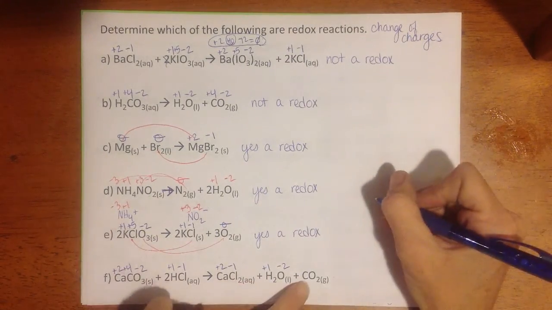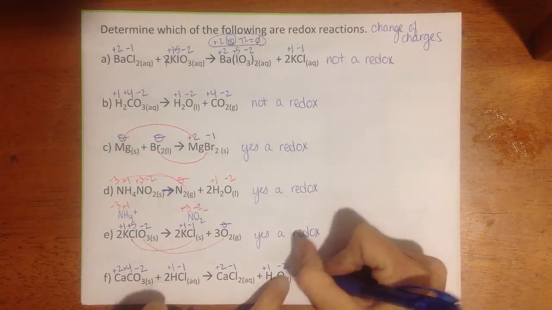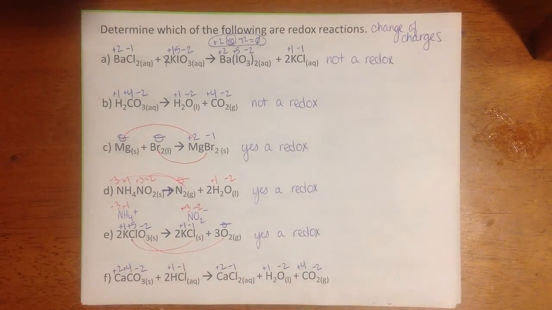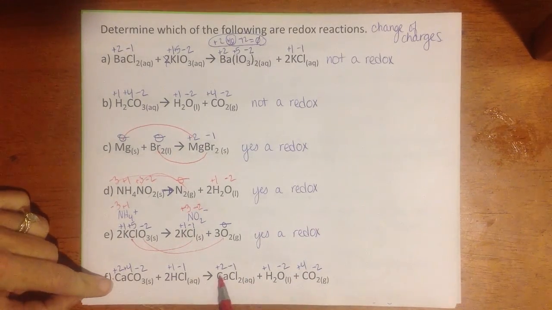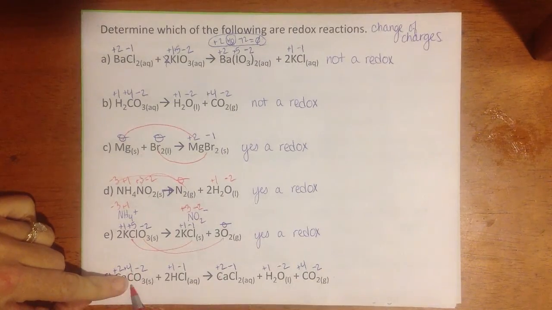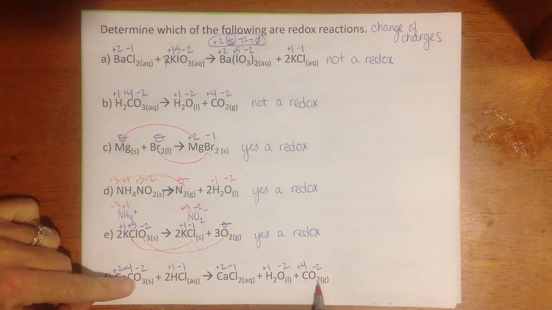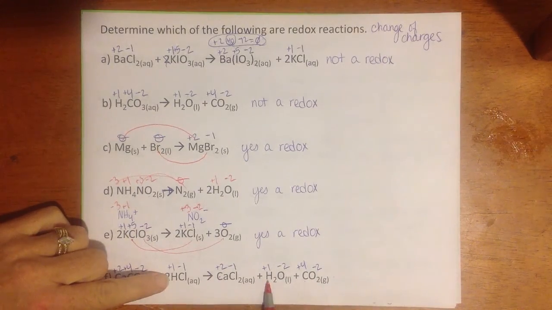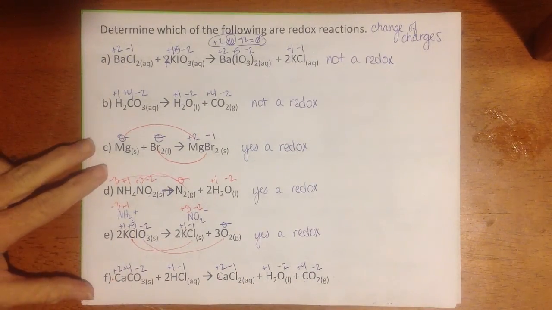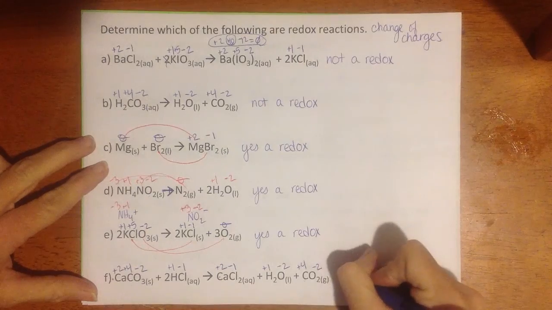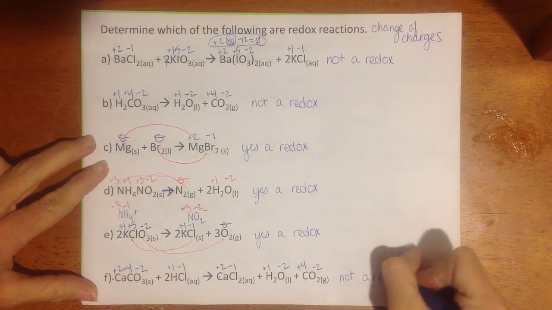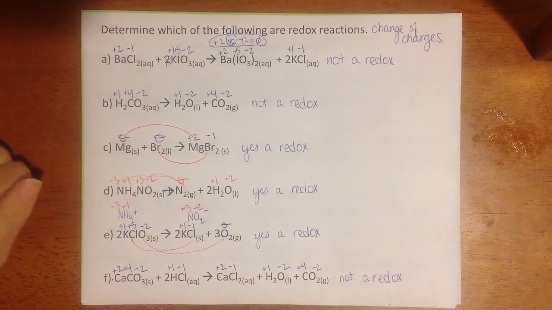Oxygen's a -2. Oxygen's a -2. Carbon fills the gap. And I look for change of charge. Calcium to calcium, nope. Carbon to carbon, nope. Oxygen to oxygen, nope. H to H, Cl to Cl, no, not a redox. So I'm looking for the change of charge.